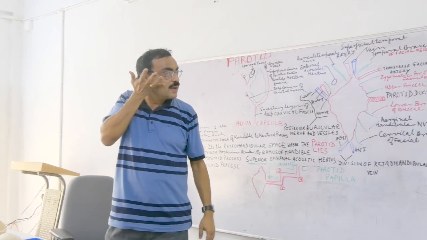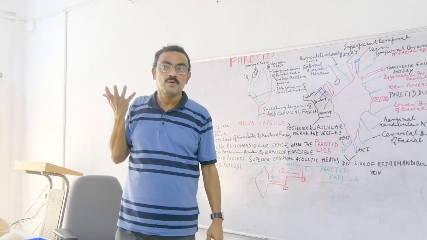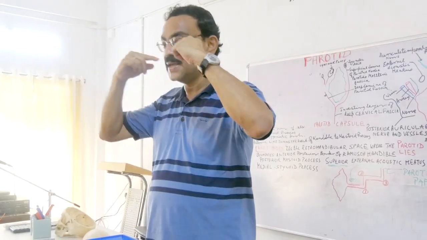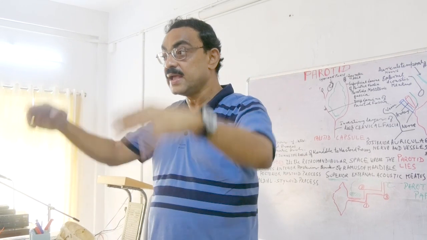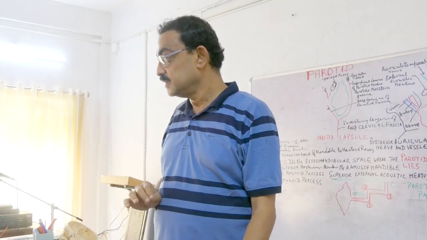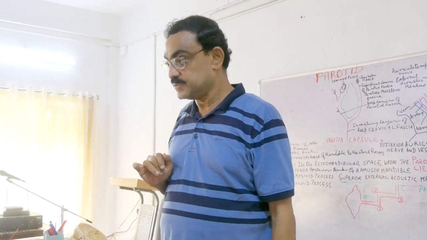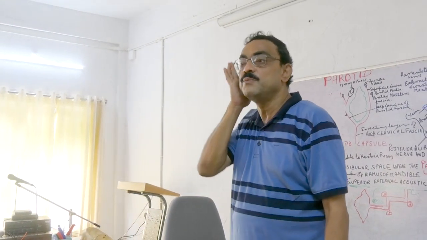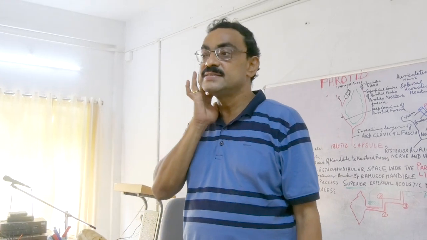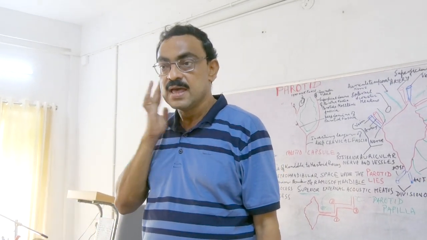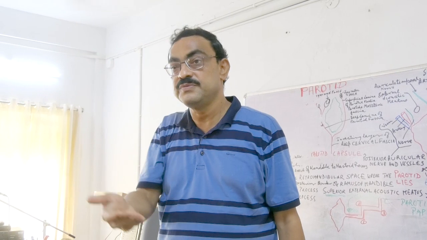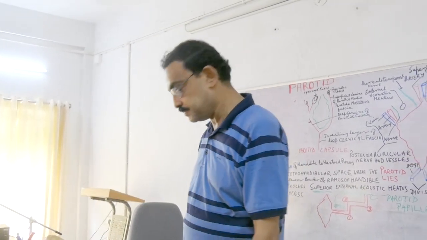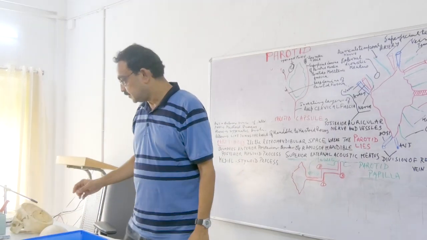And if we make a horizontal section over this area, then we can appreciate there are three surfaces in the gland. One we can see and feel, that is the external or lateral surface. And one which we cannot feel, that is inside, is the internal or medial surface.